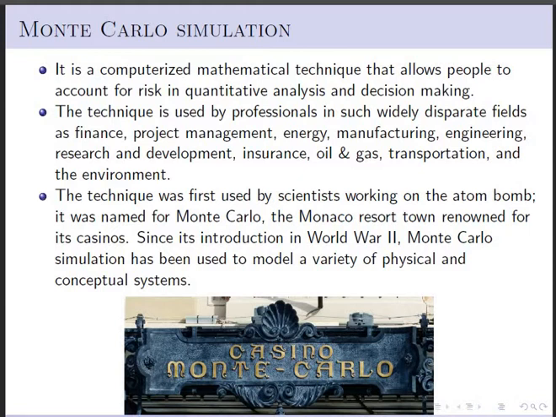It shows the extreme possibilities along with the possible consequences for middle of the road decisions. This technique was used to study the working of atom bombs. Since World War II, it has been used to model a variety of physical and conceptual systems.